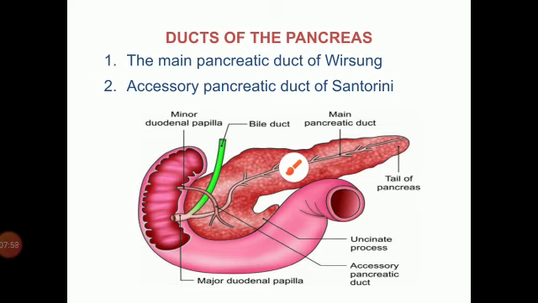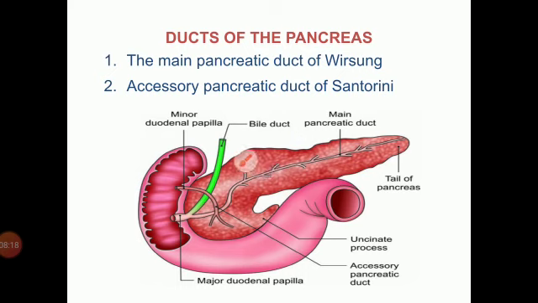It receives many small tributaries which join it at right angles to its long axis, forming what has been described as the herringbone pattern. Within the head of the pancreas, this pancreatic duct is related to the bile duct, which lies on its right side.